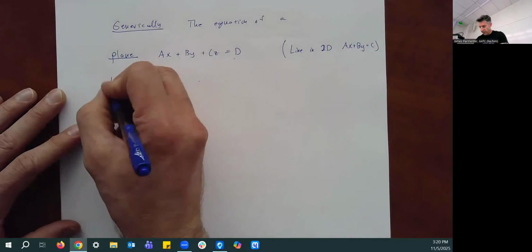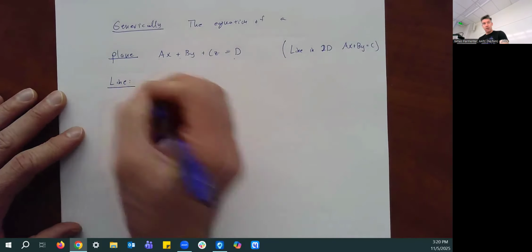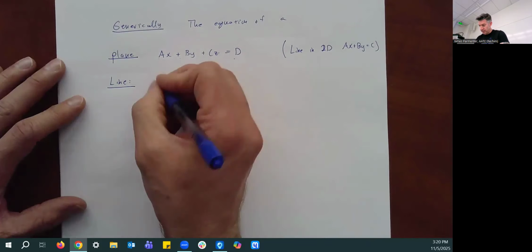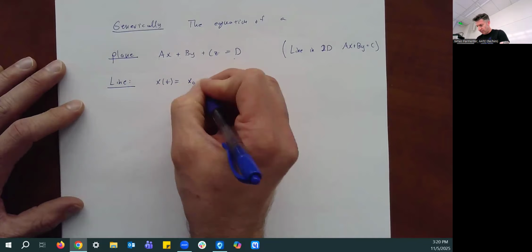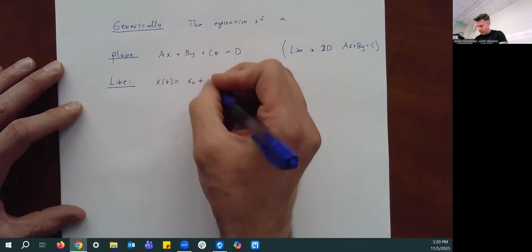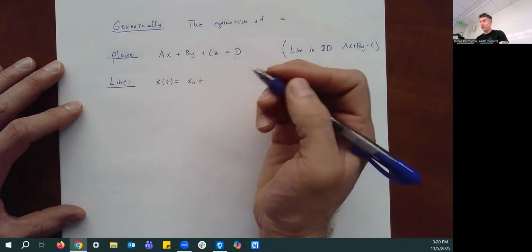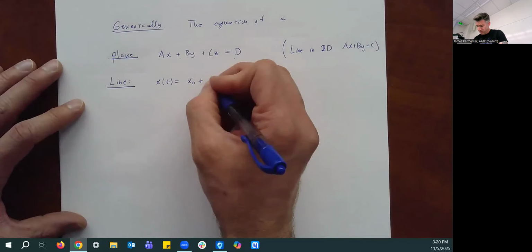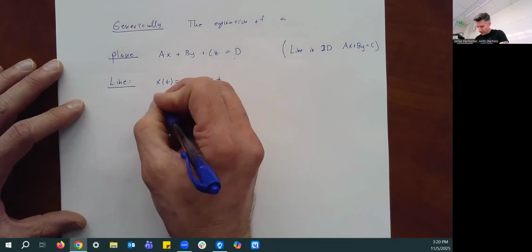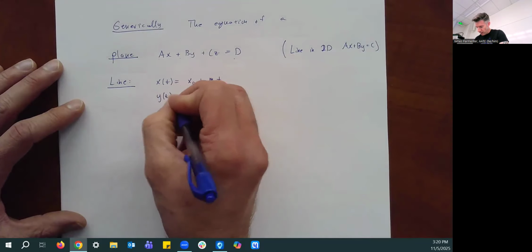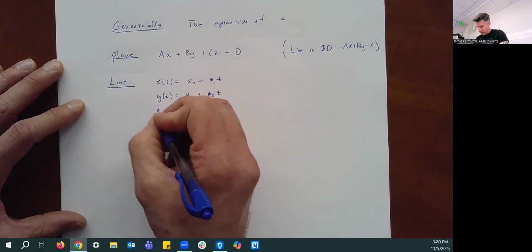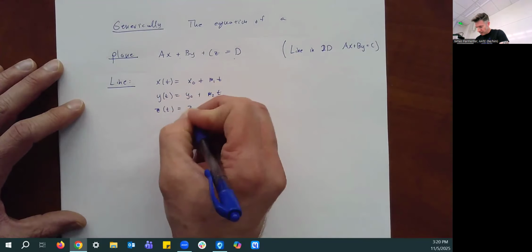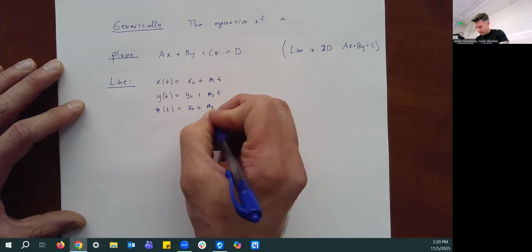And then a line, very generically, in parametric equations, is x of t equal to some x naught plus a multiple of t. What letter do I want to use here? I wasn't really thinking about this. M1 times t, and then y of t is some y naught plus m2 times t, and z of t is some z naught plus m3 times t.